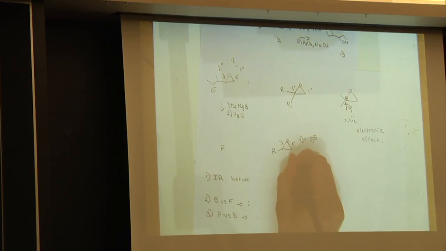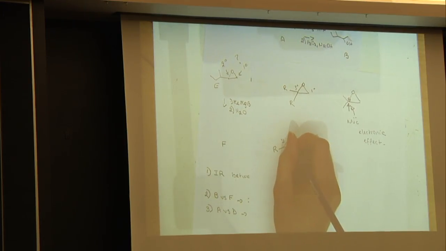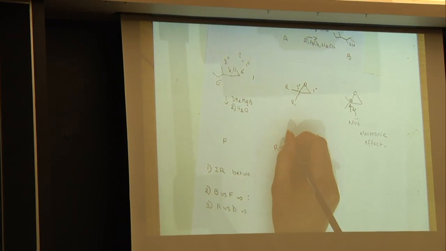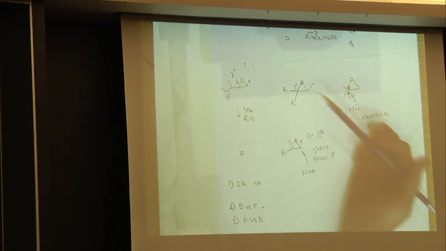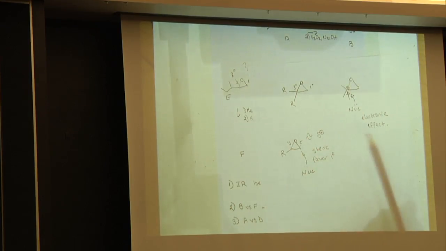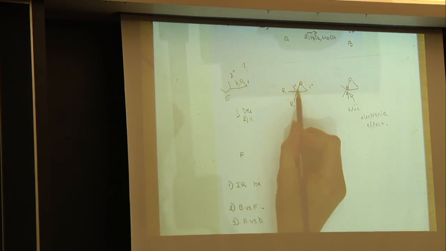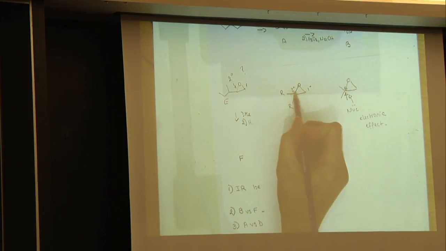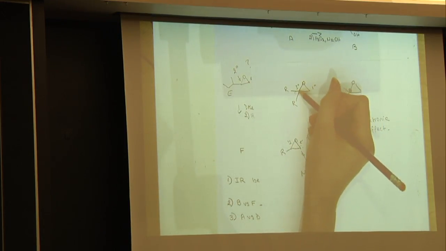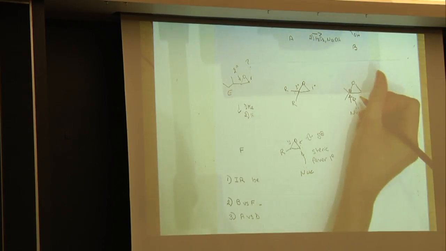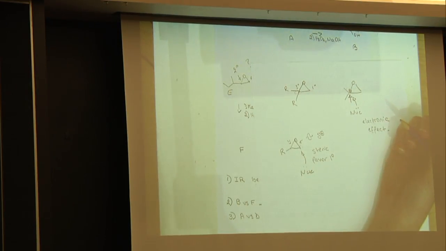Okay? Any questions on that, guys? Yeah, it's a bit tricky. Just remember that primary versus tertiary, we're going to attack the tertiary because we have a carbocation with a carbon with a lot more partial positive character, and secondary versus primary is going to be the primary because of sterics.